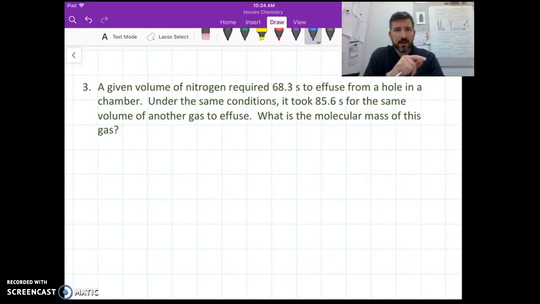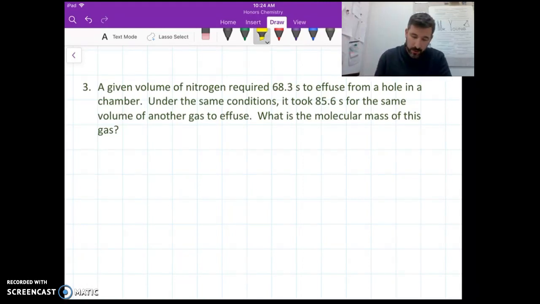So, what I want you to think about now is, if we're given times, is that directly related to velocity? We know we can use those numbers for velocity A and velocity B, but are we going to flip-flop them because time is inversely related to velocity, or are we going to keep them associated with the gases that they are with currently because time is directly related to velocity?